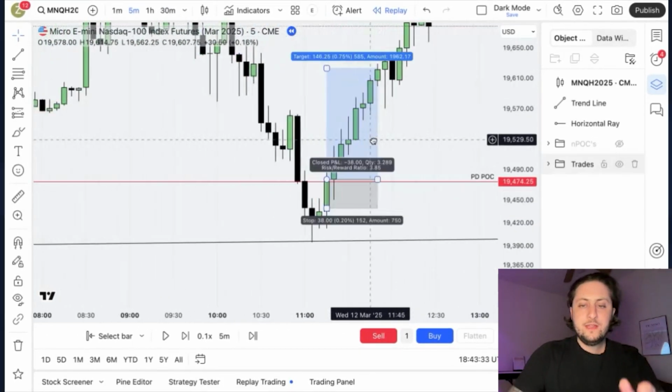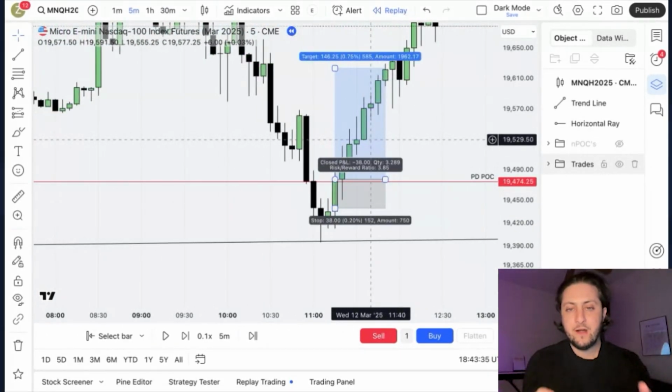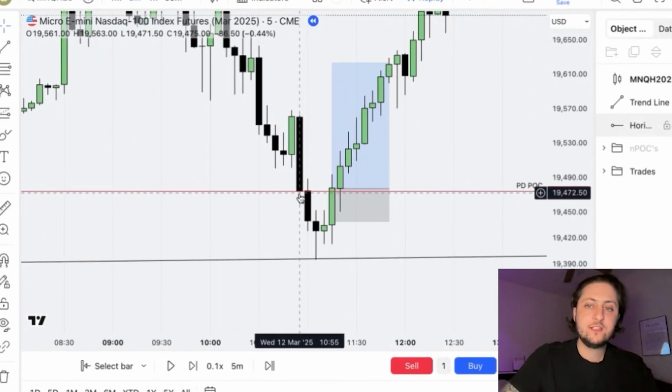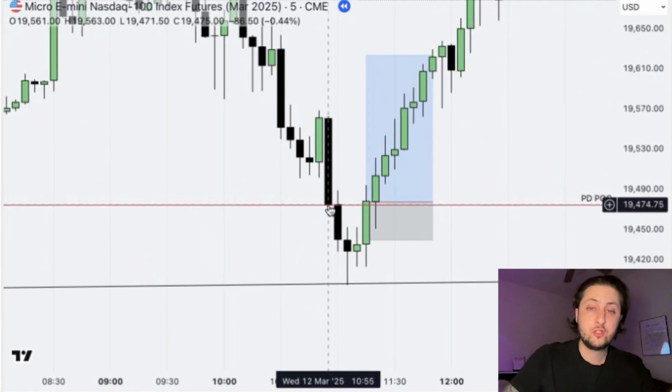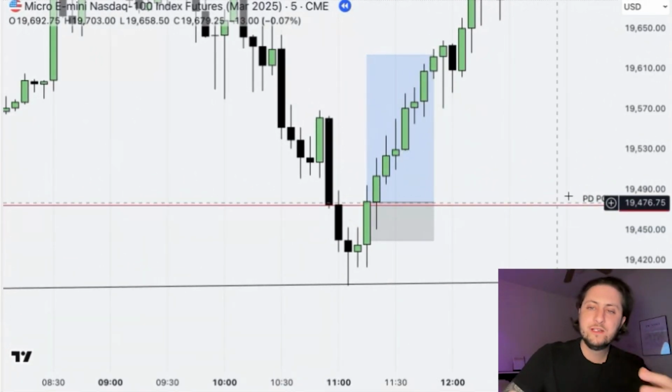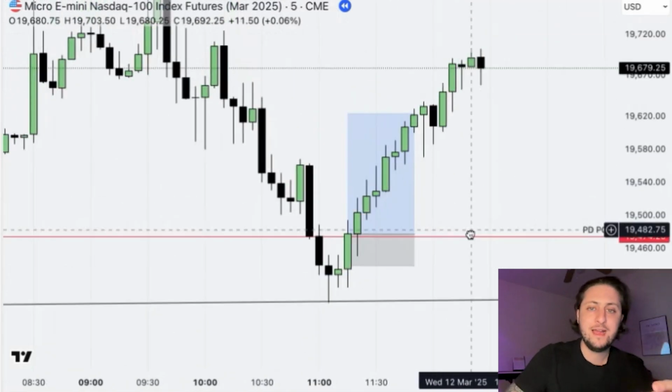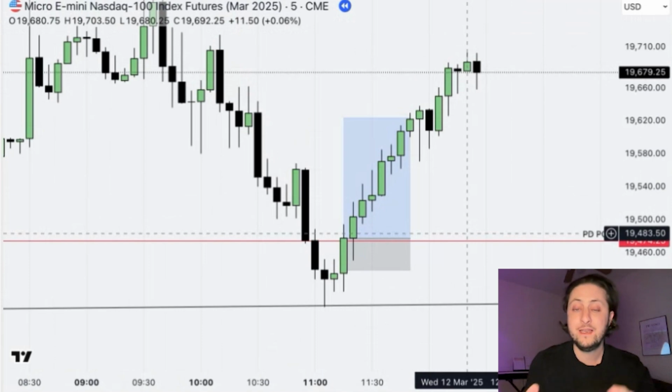Now, this is where the inversion fair value gap is going to be very important for my entry technique. I was tempted to start trying to long here at the previous day's point of control, because I was really focused on seeing that SMT divergence and having the bullish bias to stay in line with the 1 hour trend. But I can't until I get a proper entry technique.